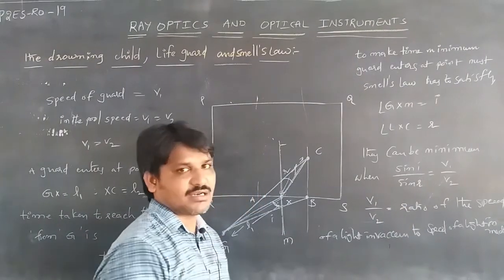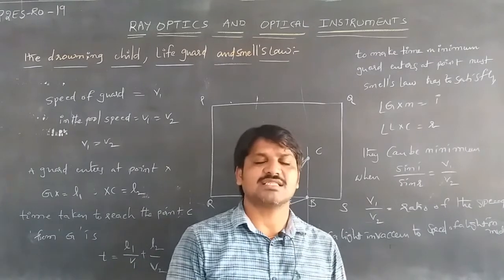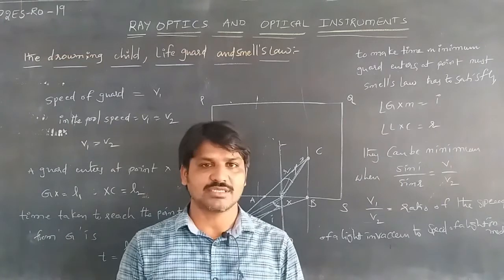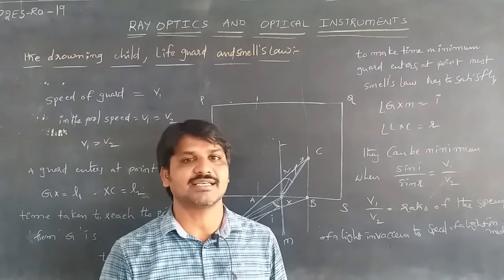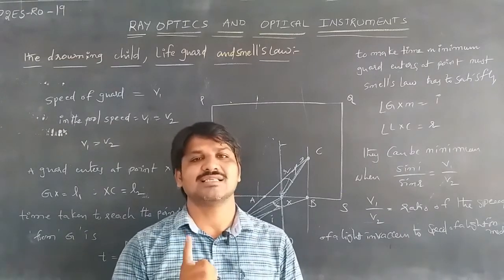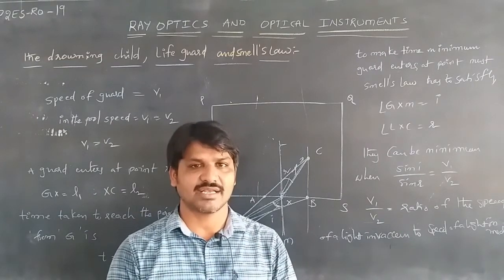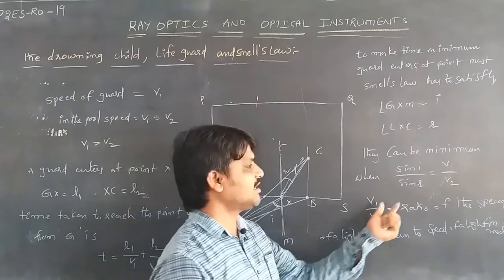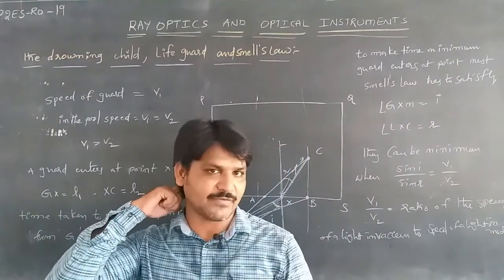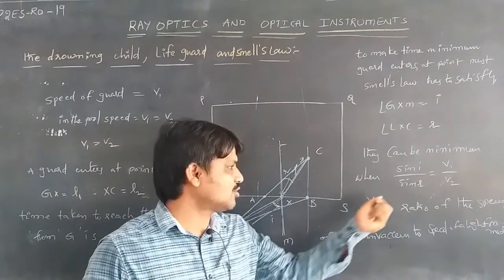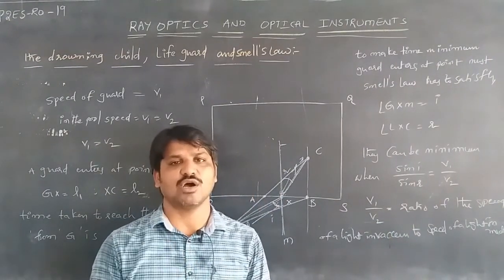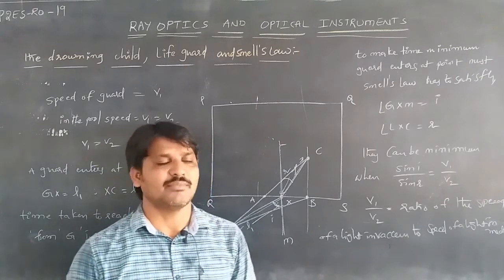Here, when two values are involved, meaning two velocities and the incident and refracted angles, then one should follow Snell's law to take the minimum time. Whenever the velocities V1 and V2 and the angle of incidence and angle of refraction are all involved, one should follow Snell's law to take the minimum time.